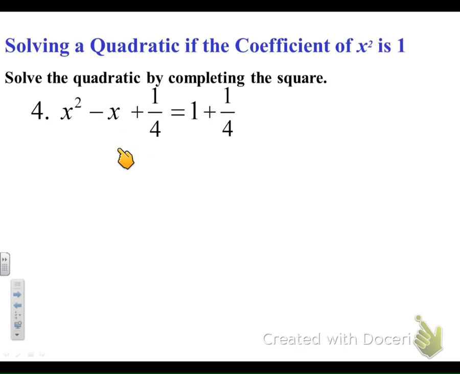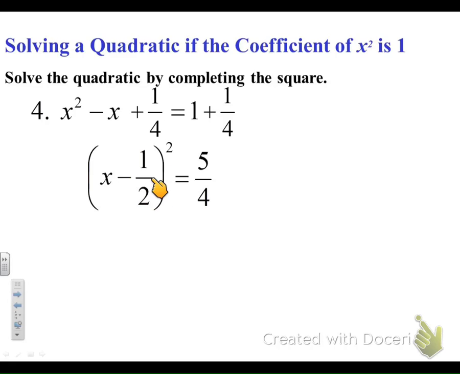So now you write this side as a binomial squared, and we simplify the right side. What multiplies to 1/4 but adds to give you negative 1? This is kind of difficult, but it's actually negative 1/2 and negative 1/2, which can be written as x minus 1/2 quantity squared, and the right side equals 5/4.